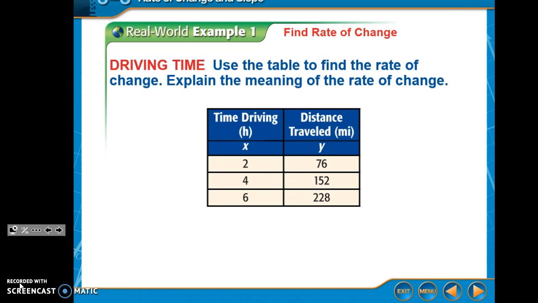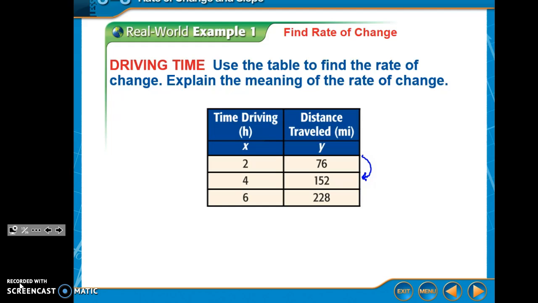Alright, so now let's look at an example. So we're going to look at using a table to find the rate of change and explain the meaning of rate of change. So rate of change is comparing your change in y to your change in x. So if we look here, how's our y changing? We're going from 76 to 152 to 228. So what's the change from here to here? Well, if we don't know it off the top of our head, we can subtract it.